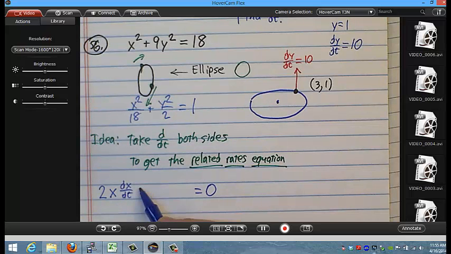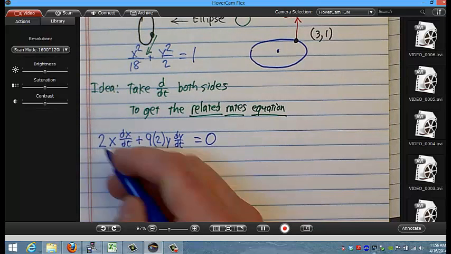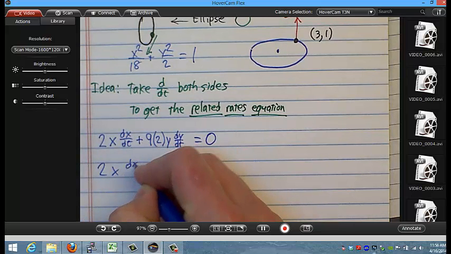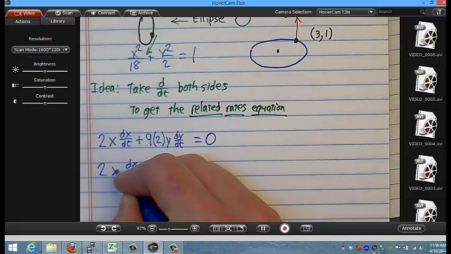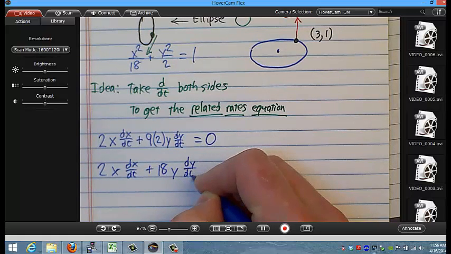Plus, I have a 9, 2y dy dt. Again, it's very much like the implicit differentiation, but you're differentiating with respect to t. And so this is what's called the related rates equation. Again, it's 2x dx dt plus 18y dy dt equals 0.